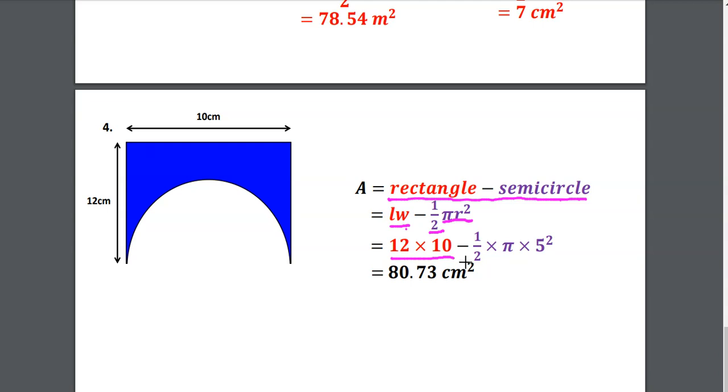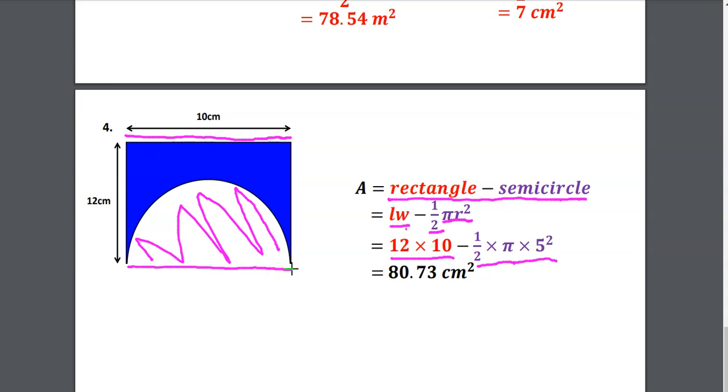All right, now for the second bit, minus the area of the semicircle. So this coloured in bit here. So a half times pi times the radius squared. Now you might be thinking, where is the radius? All I have is this 12 and this 10. Well, if this is 10, then we know that this here is also 10.